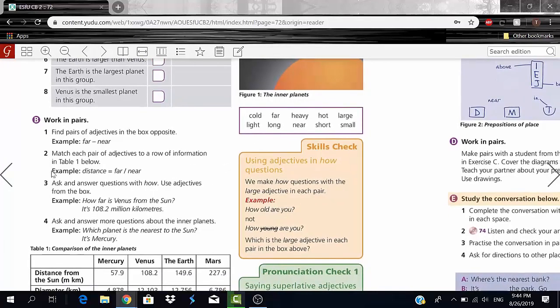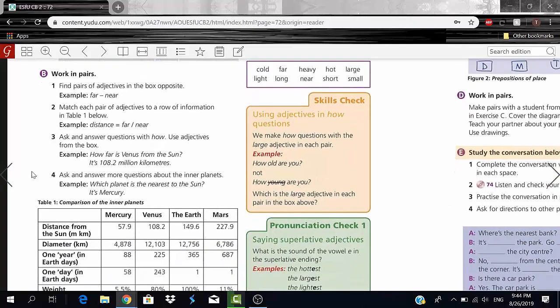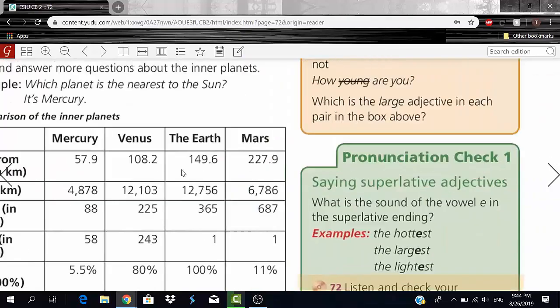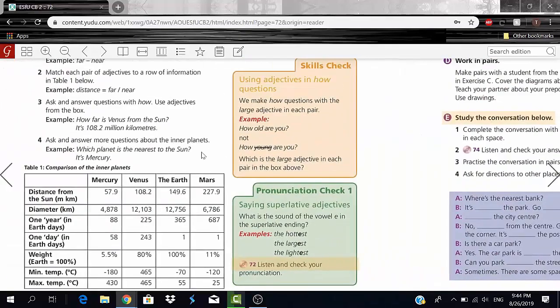Match each pair of adjectives to a row of information. Okay, so let's take a look here at the bottom. Here, it looks like we have a table, right? And we have distance from the sun. So these are information about some of the planets, okay? And we want to try to measure how we're going to use the adjectives with these words.